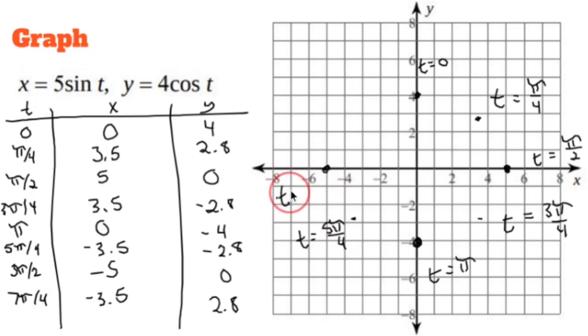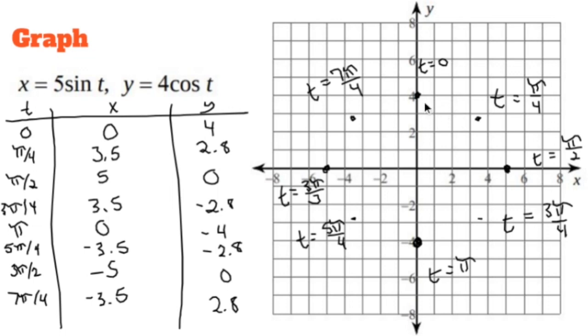That's when t was 3 pi over 2. And -3.5 lives right around there, 2.8 lives right around there. That's when t was 7 pi over 4.